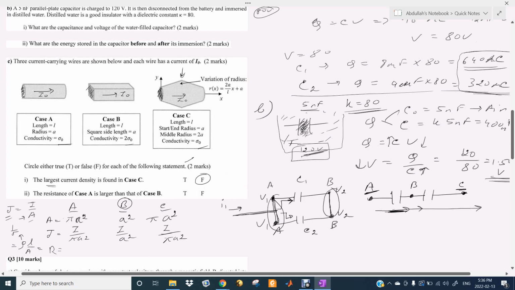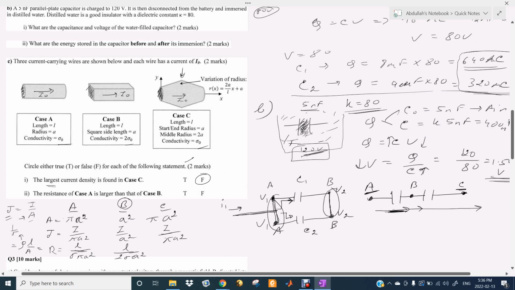So for A, it's L by sigma A, which is equal to pi a squared, right? For B, it's L by 2 sigma a squared.